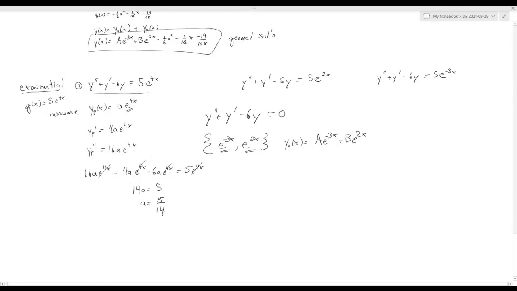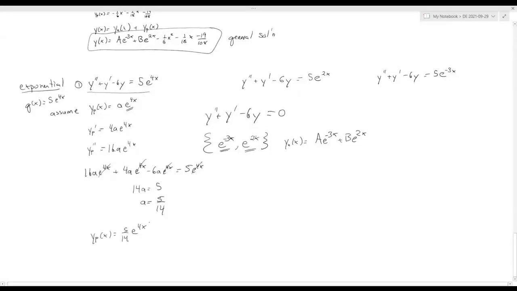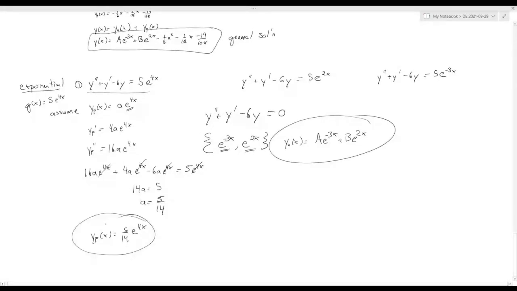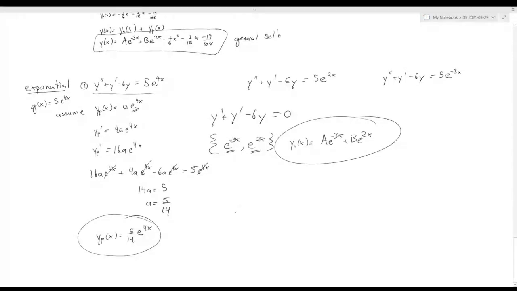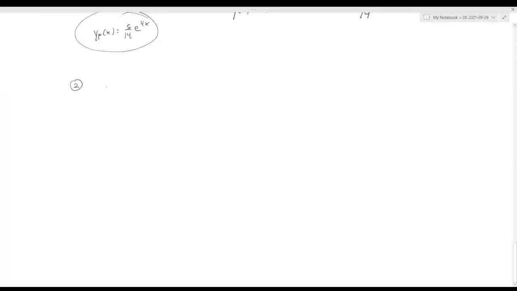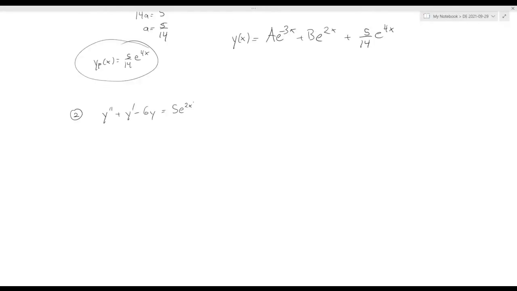We solve for A, so we have a good particular solution, A times e to the 4x. Now we combine to get a general solution to the original problem: we just combine the homogeneous part with a particular part. So let's look at the second case.